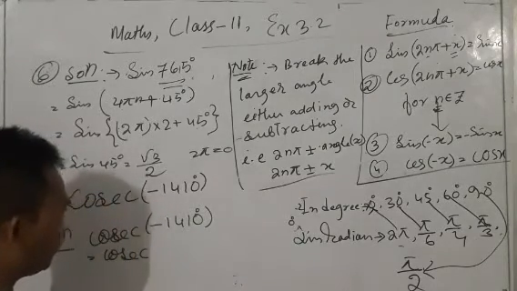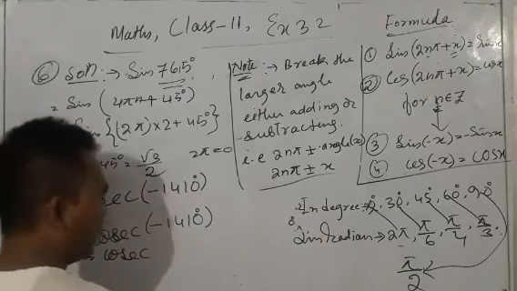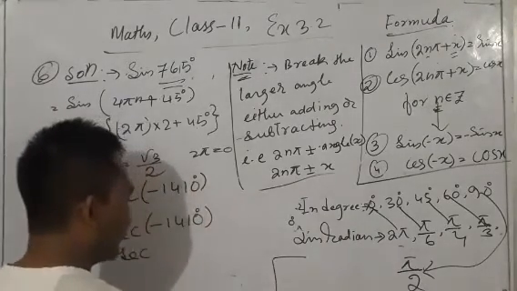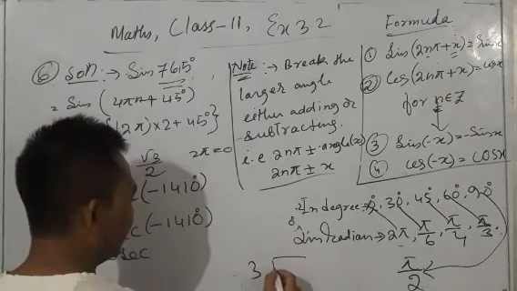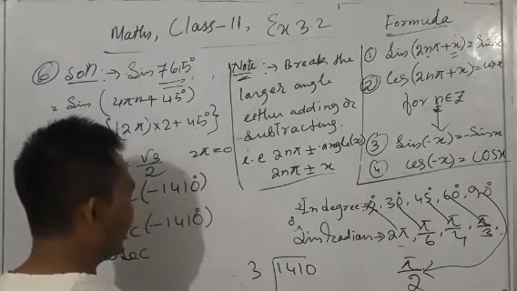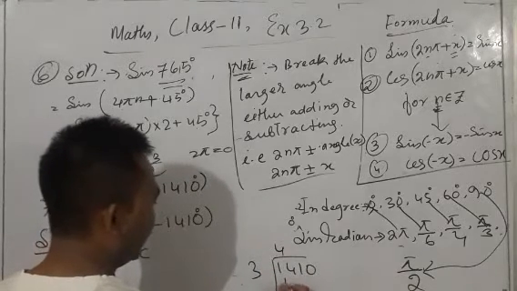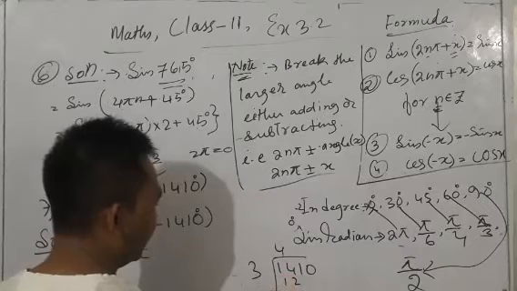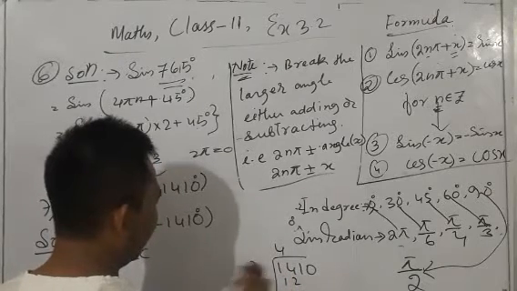Now you see. Let us break into like this. Let us divide by 4, 3 suppose. 1410, how many times?